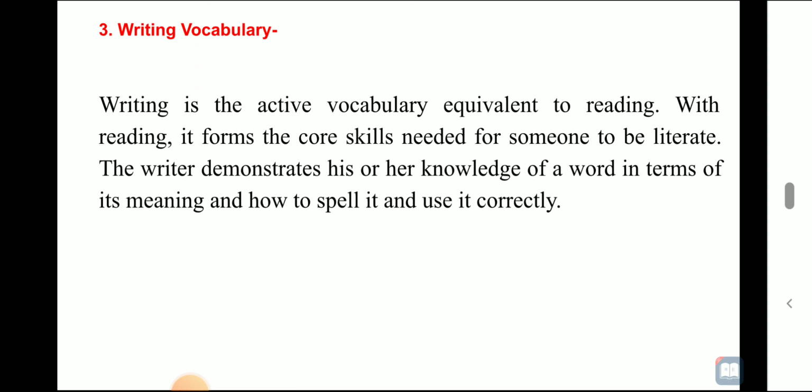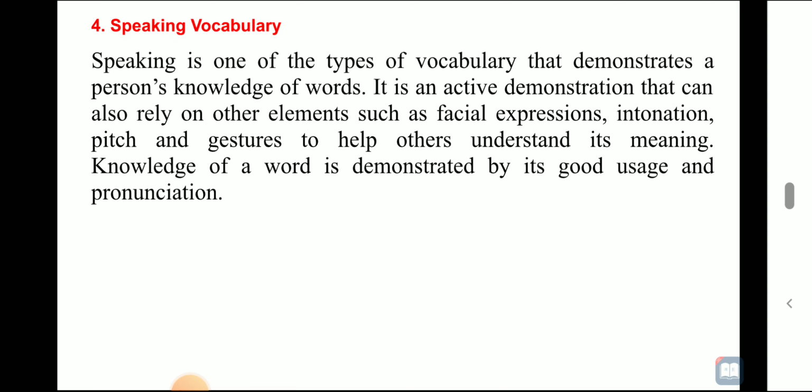And speaking vocabulary. It is usually observed that learners who are trying to learn a third language may find some difficulty in speaking vocabulary.